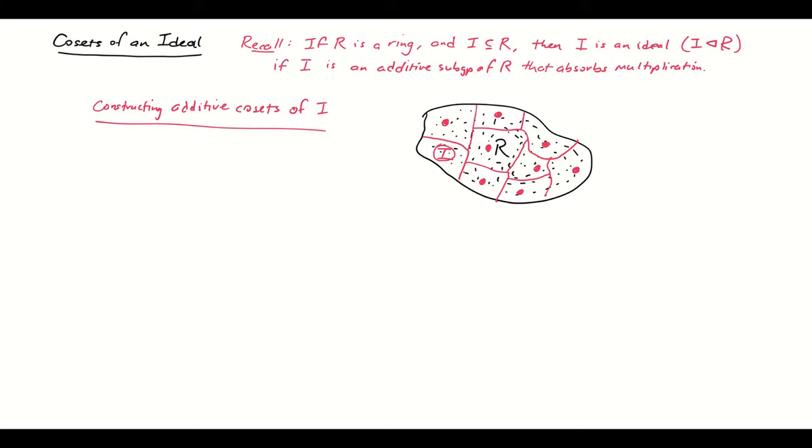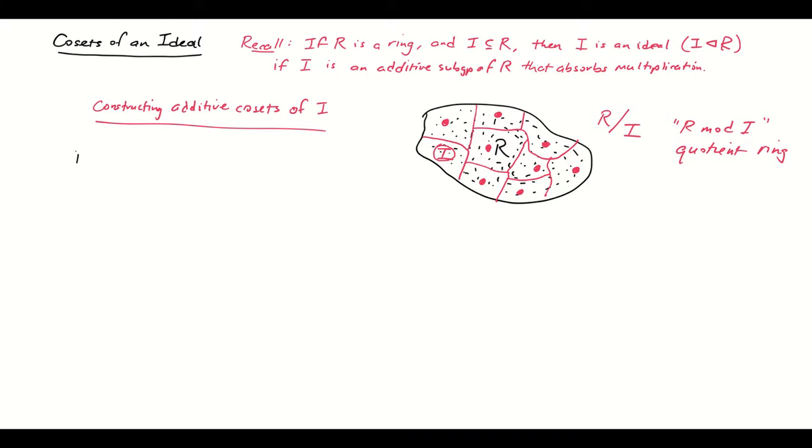So once we've done that, this creates a new ring which will be called R mod I. That's called a quotient ring. But before we get there, we have to talk about how we construct these sets, why they make up R, why they're disjoint, and why we can operate on them as though they're individual objects.